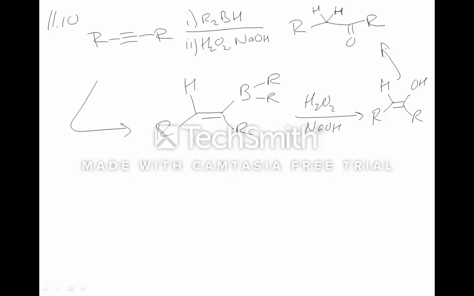And tautomerize. Okay, this is going to tautomerize. And that's that. So let's go through this mechanism. Let's make the point, though, first. Let's show a couple specific reactions. R2BH.